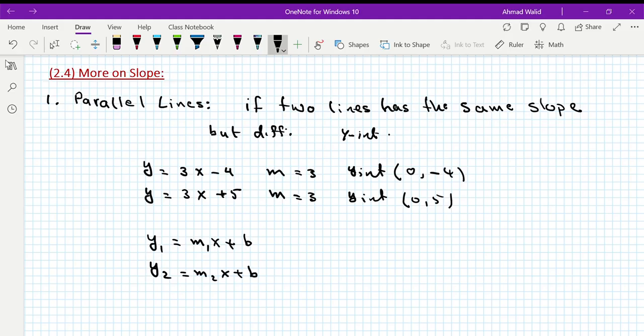Let's call the slope of the second line m2. Whenever m1 is equal to m2, we call these lines parallel. Remember this relation. The slope of parallel lines, they are equal.